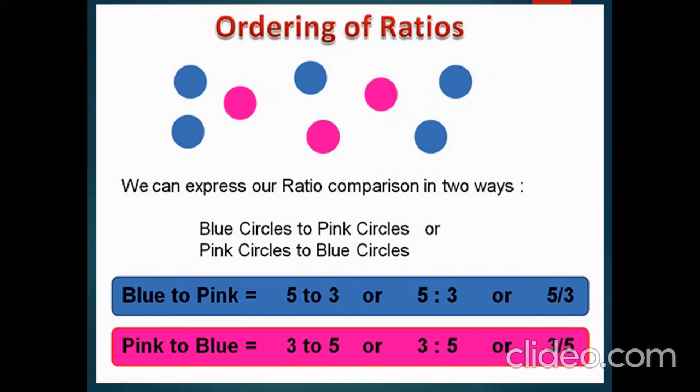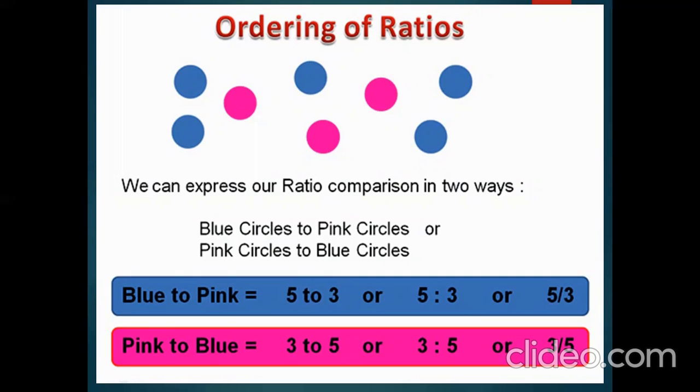When writing ratios, the numbers should be written in the order in which the problem asks for them. The question asks blue to pink. It means first we have to write the number of blue circles, 5 to 3, or I can write 5 colon 3, or the fraction form will be 5 over 3.